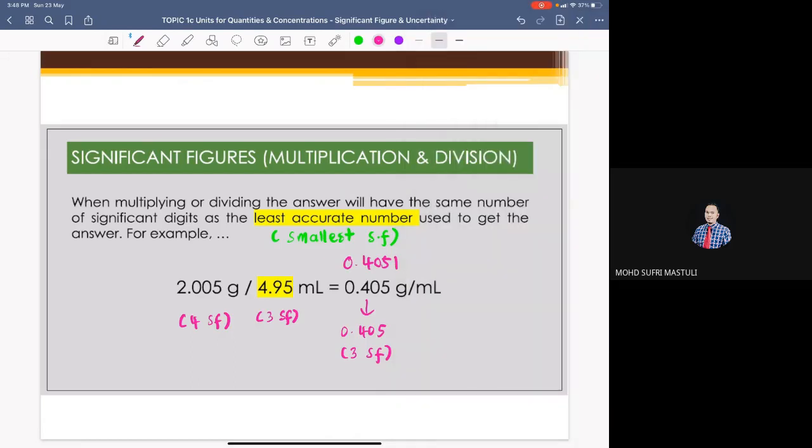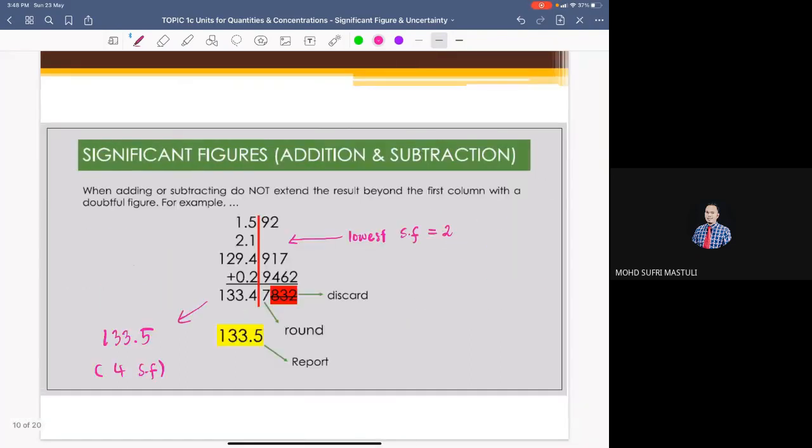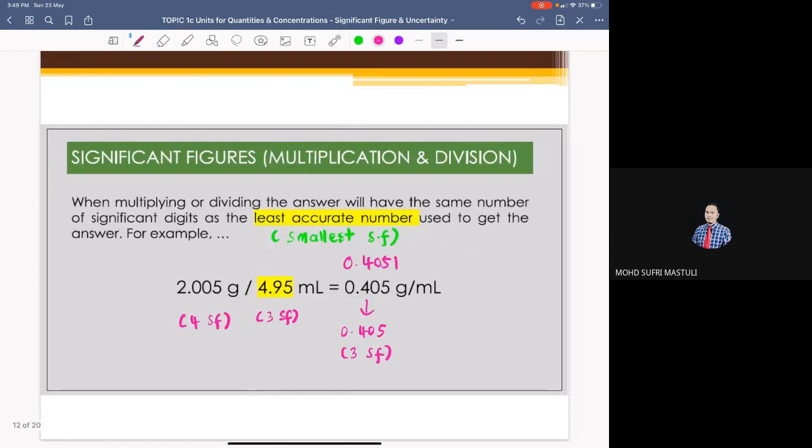For multiplication or division, the final answer should be based on the smallest significant figures. Likewise for addition and subtraction, the final answer should be based on the lowest significant figures.